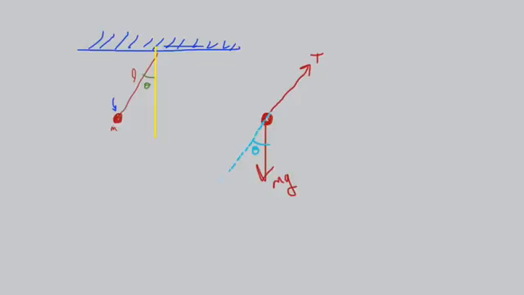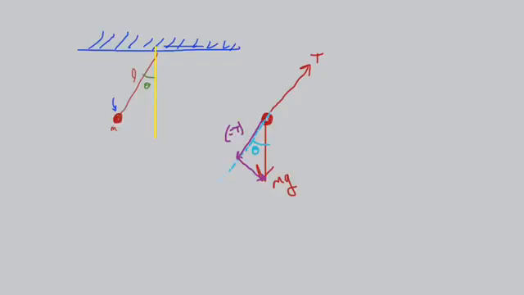And this bob is going to experience a force. It's got two portions to this gravity. It's got a portion of gravity that is in this direction, and a portion of gravity that's in that direction. Well, this right here is going to be equal to the tension because it's not accelerating in the direction of the tension.